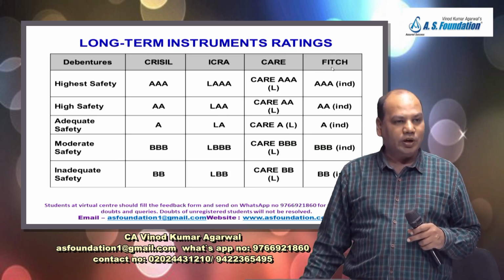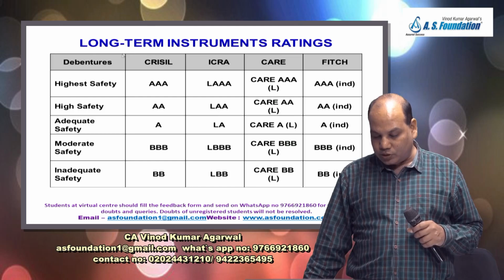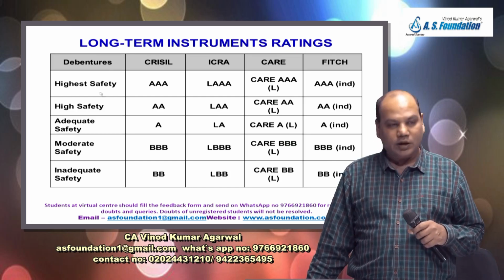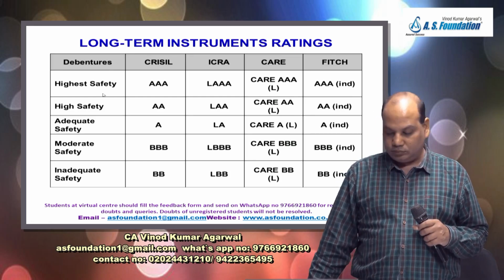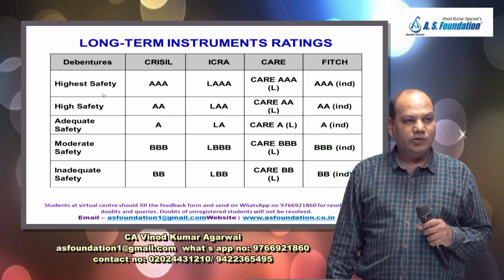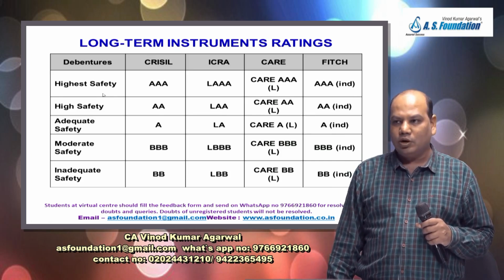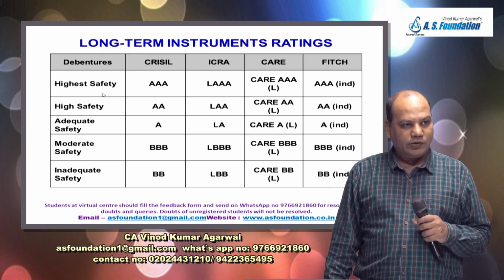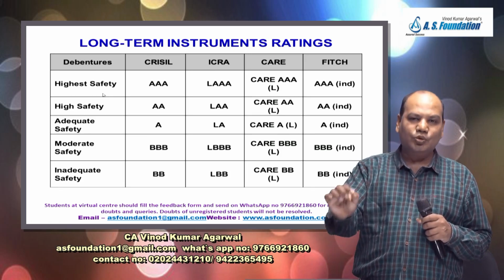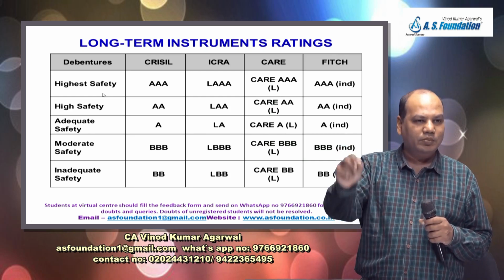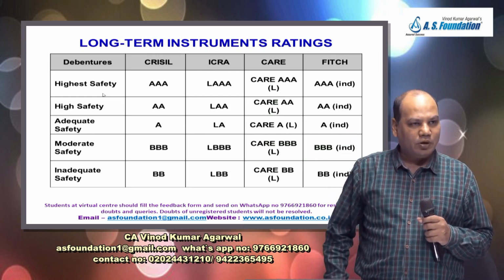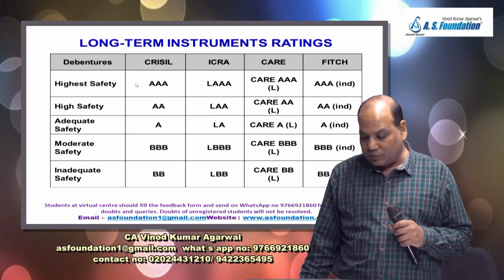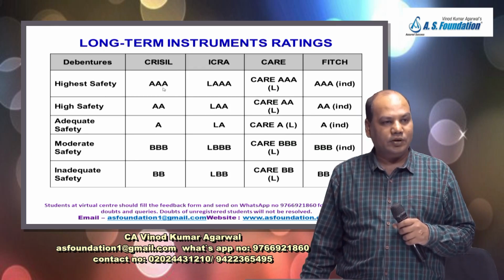So how do they do the rating? Suppose they believe that the instrument has highest safety. That means the risk of default is negligible or almost non-existent. Almost non-existent risk. The company is going to pay interest on time, and repayment of principal on time. So CRISIL will write AAA.